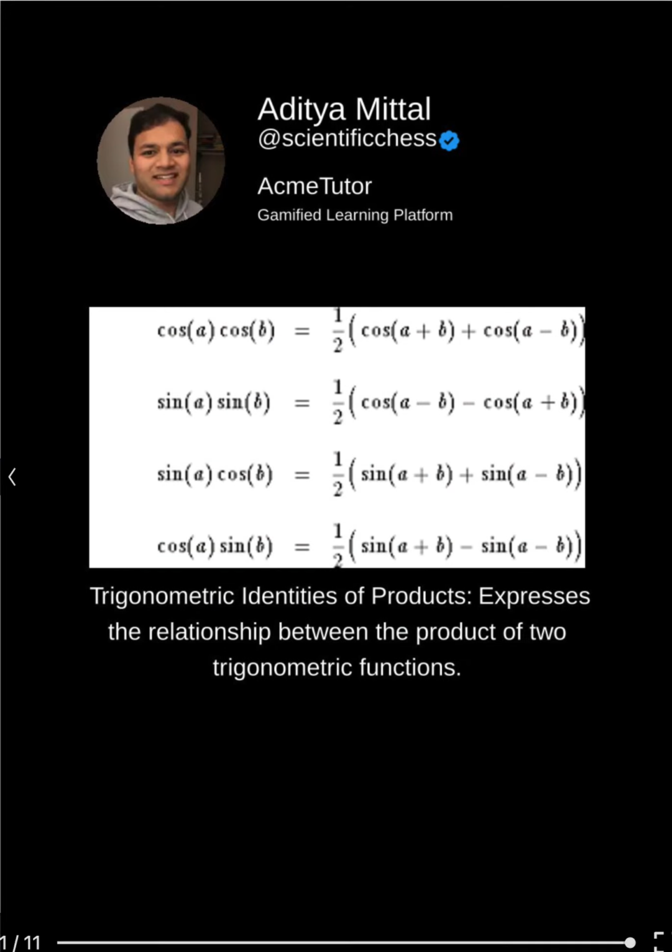All right, last but not least, so we just did the sums of sines and the difference of sines, and the sums of cosines and the difference of cosines. Now we'll do the products. So here we have the product of cosines, the product of sines, the product of sine and cosine, and the product of cosine and sine.